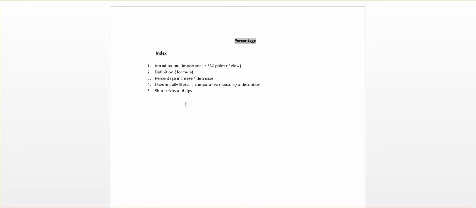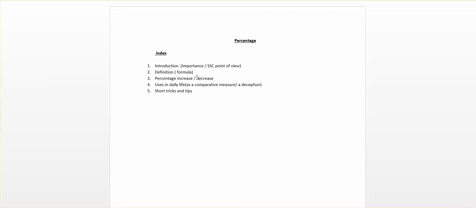So please follow that. Friends, in today's topic, percentage, this is the brief outline of what we will be discussing. We'll introduce this topic first, then define it and give you a basic formula. There is no formula as such, and I personally feel we should not rely much on formulas. If you get the feel of the concept, you need not require a formula.